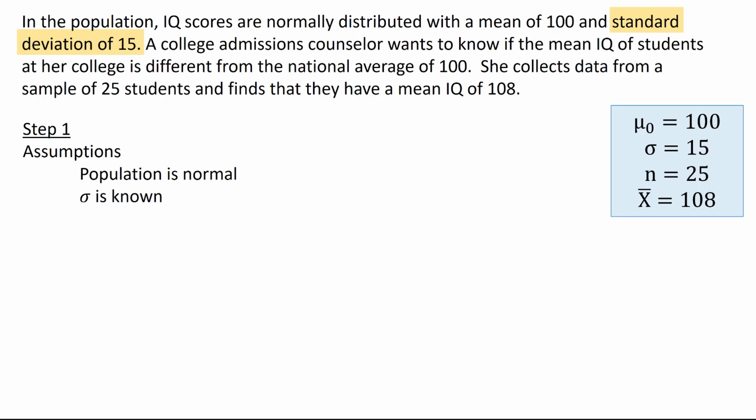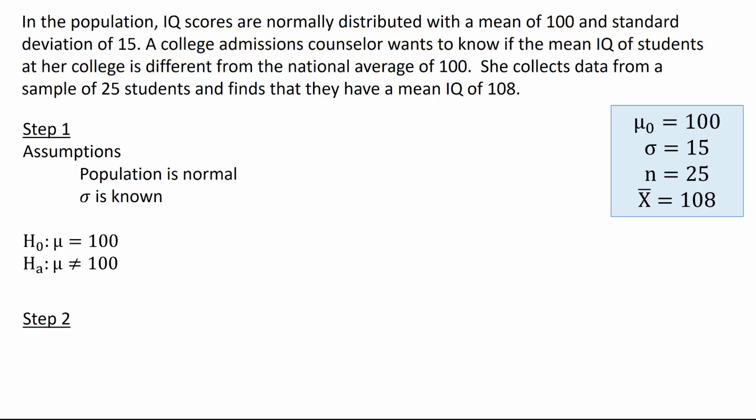We have sigma, so this assumption is met. Now we can write our hypotheses. The research question is in the second sentence. The counselor wants to know if the mean IQ of students at her college is different from 100. The null hypothesis is that mu is equal to 100. She wants to know if the mean is different from 100, so the alternative is that mu is not equal to 100.